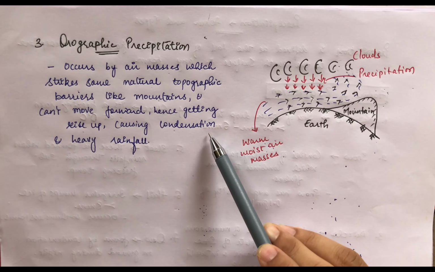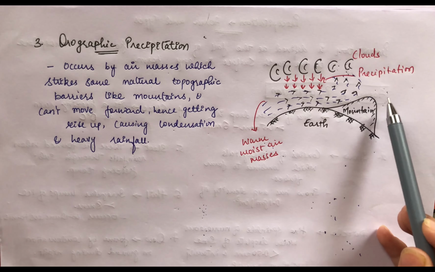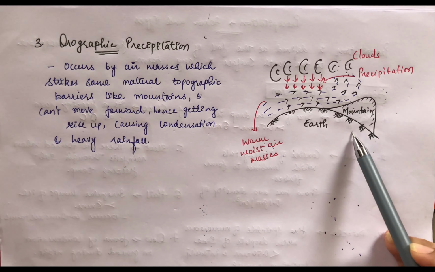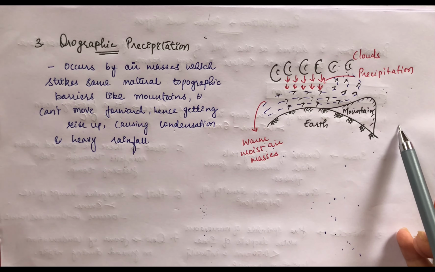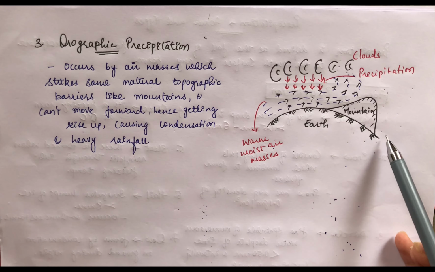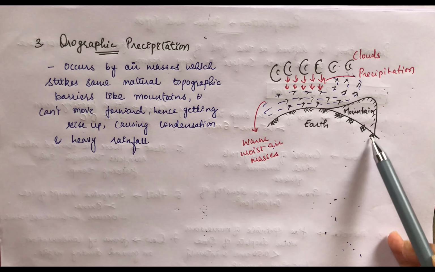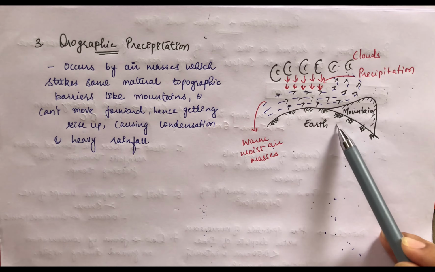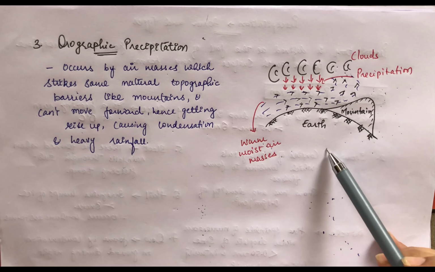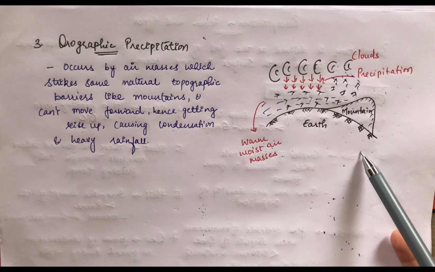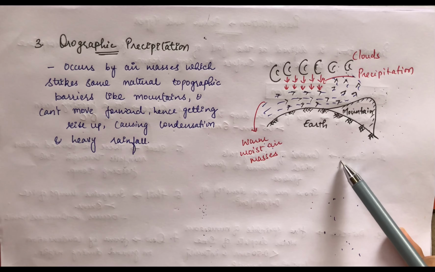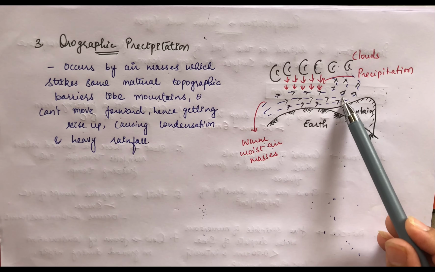Cyclonic or frontal precipitation takes place when the warm moist air masses meet the cold air masses, as a result of which, because of the lighter weight of warm air masses, it lifts to a higher altitude, causing condensation and precipitation. Then convective precipitation takes place mostly in tropical countries, where the earth's surface gets heated up during the daytime, and during the night time those warm moist air masses move to a higher altitude, resulting in condensation and precipitation.